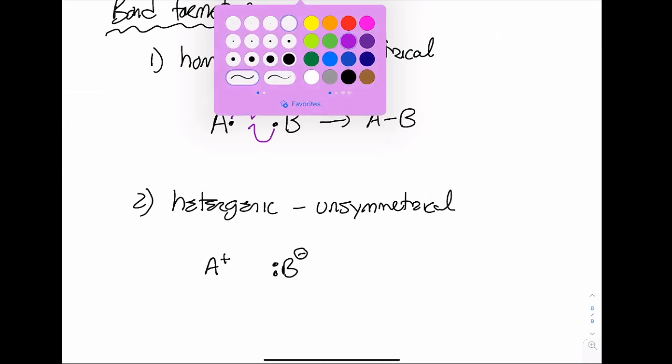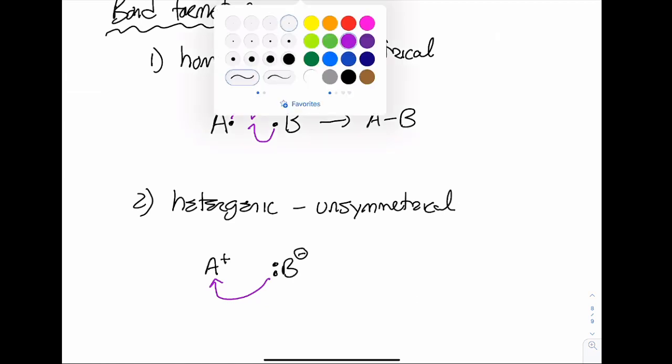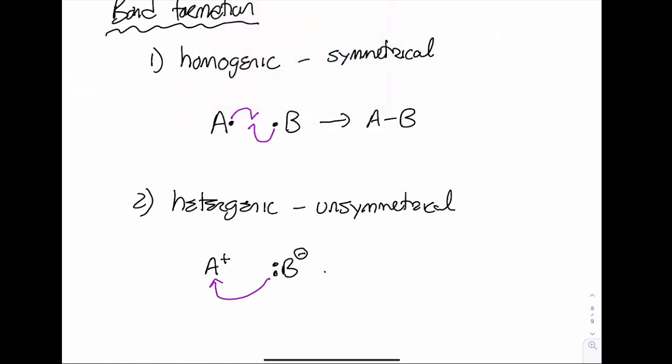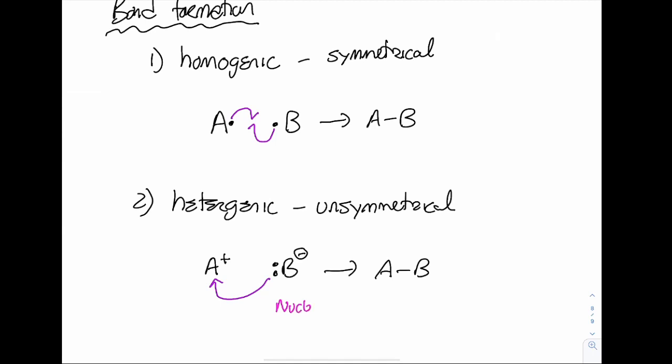I'm going to go from my electron rich to my electron poor, right? From the source to the receptor, from the nucleophile to the electrophile. And I'm going to have two barbs on my arrow because I am moving two electrons. And I now have a bond between A and B. All right, this was my nucleophile. This was my electrophile.